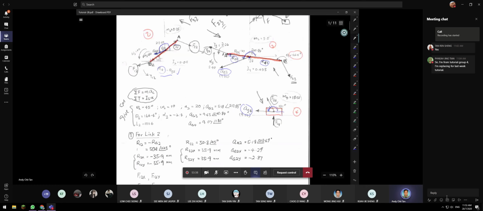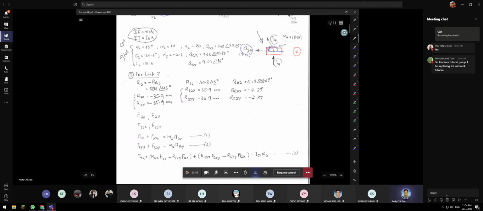Now R12 is here. We have the x and we have the y axis. Understand? You resolve the x and the y axis. Now these are the things you got to find: F12x, F12y, and F32x and F32y.